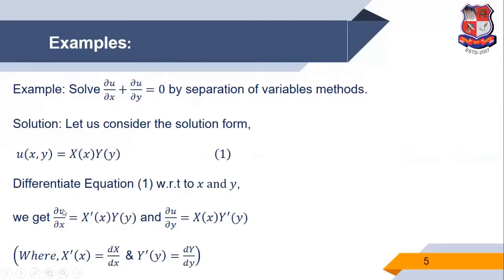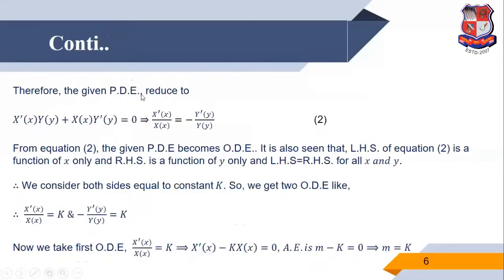Now we differentiate with respect to x and y because we require ∂u/∂x and ∂u/∂y. So we find ∂u/∂x and ∂u/∂y from equation 1, and then we substitute both values in the given equation. Then we get this equation.